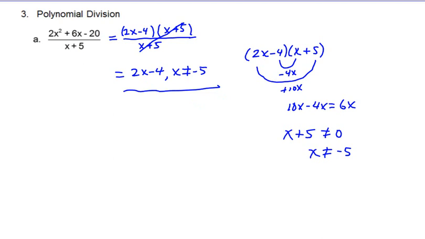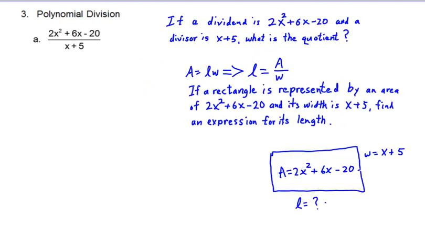Now before we go on to the next problem, I want to go back to our real world example here. And we have found from the prior work that our length is going to be 2x minus 4. And so our answer here is going to be 2x minus 4.